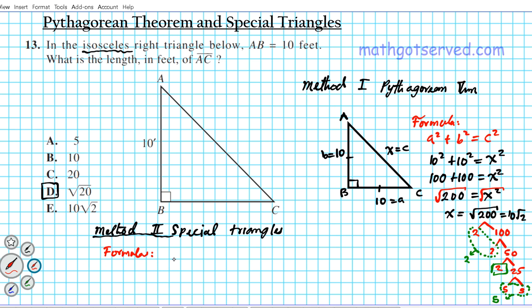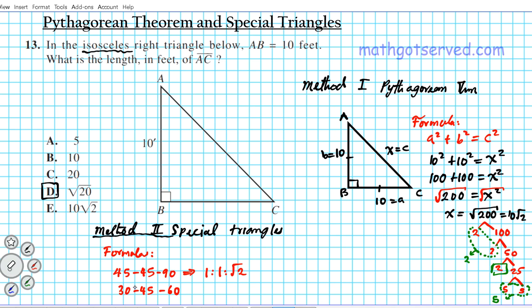You have the 45, let's write that again. 45, 45, 90 special triangle. In this case, the ratio of the sides are 1 to 1 to root 2. You also have the 30, 60, 90 special triangle.